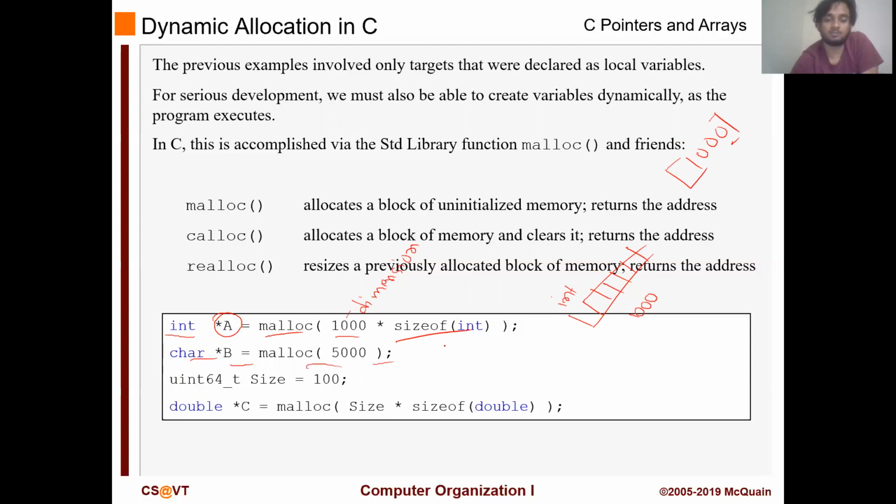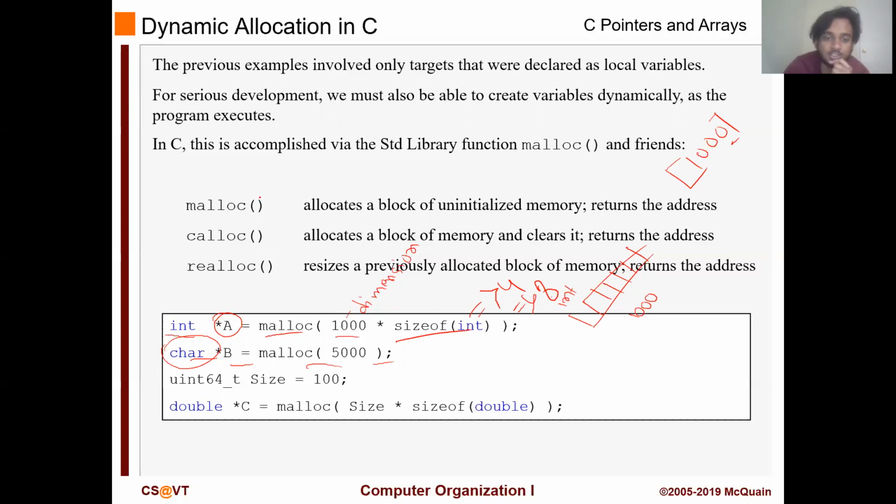Character pointer, malloc 5000. In this case, it's a character one, right? sizeof int basically returns 4, and on some PCs it will return 8 based on which bit architecture it is using. It is basically returning how much memory is needed for that specific data type.